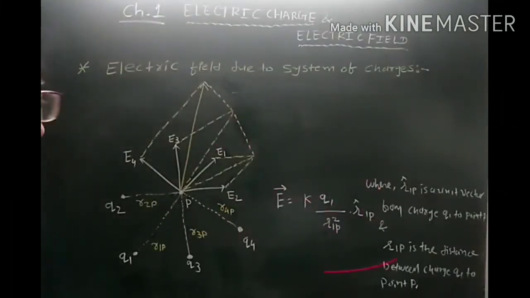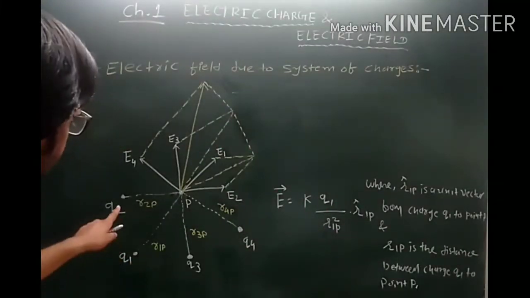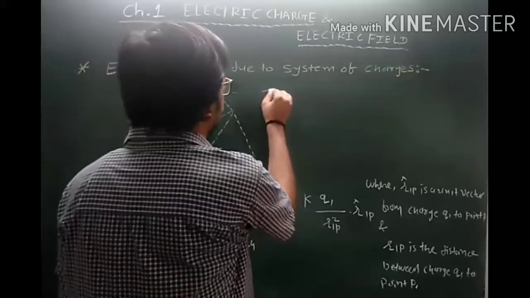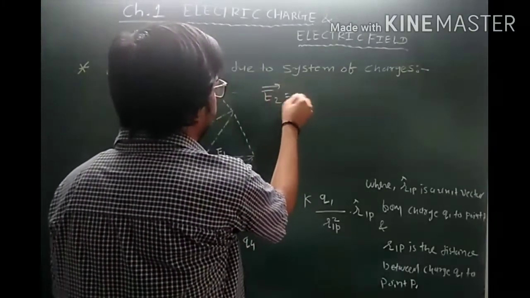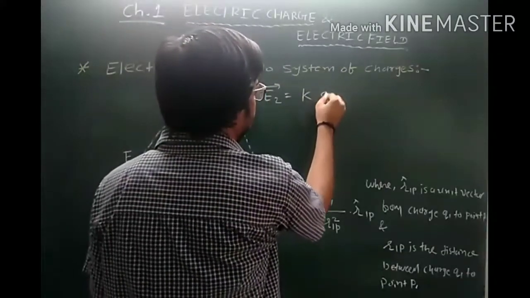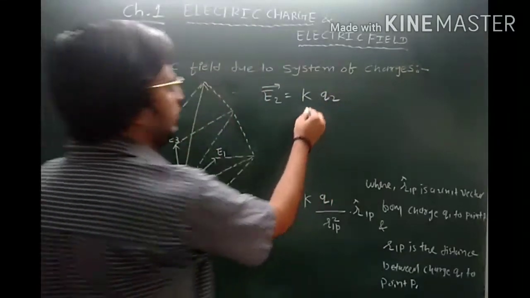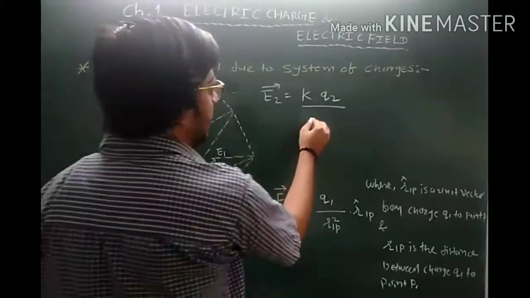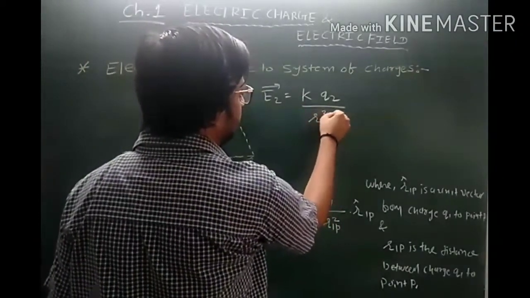In a similar manner we define the electric field due to the charge Q2 at P as K Q2, and the distance between the charge Q2 and the point P is R2P whole square.